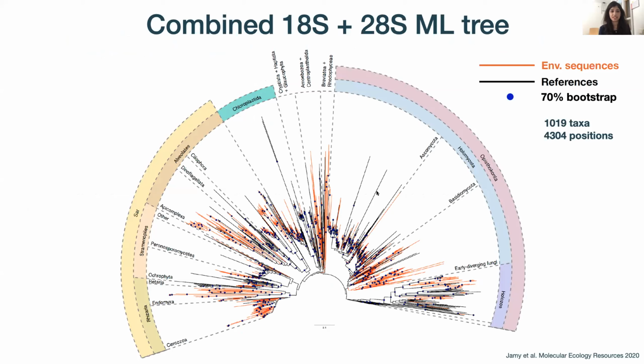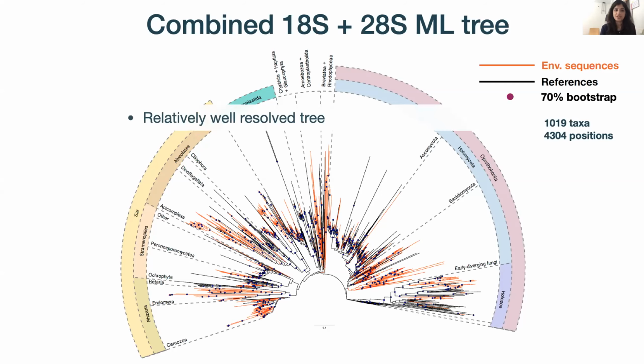And these are reference sequences for which the 18S and 28S were derived from the same species. And then the purple dots show bootstrap values above 70%. So doing this allows us to visualize the diversity present in an environment. In other words, it allows us to phylogenetically resolve an environment for the first time.